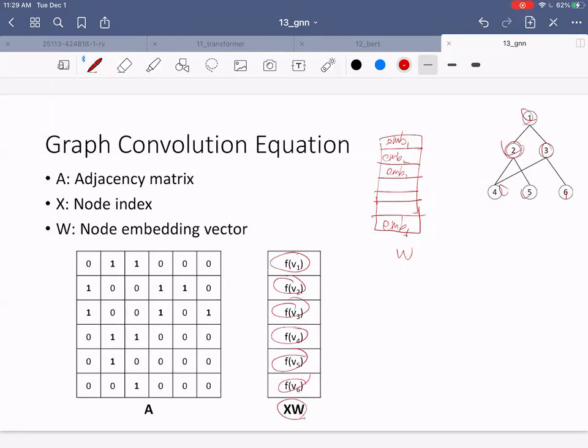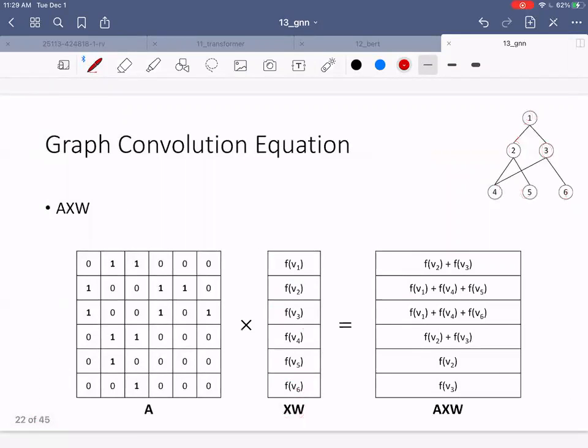Given node number 2, you can retrieve this one. If you're given node 6, you can retrieve this one. So basically, if you multiply your node index X with your node embedding matrix, you get these node embeddings. Now you have an adjacency matrix and node embeddings.